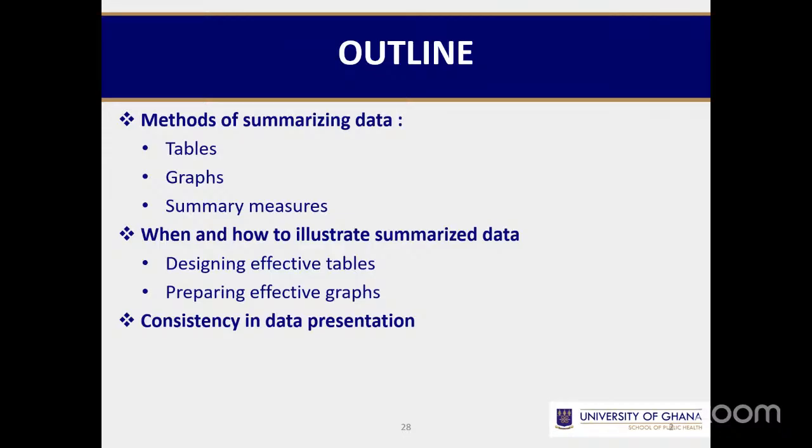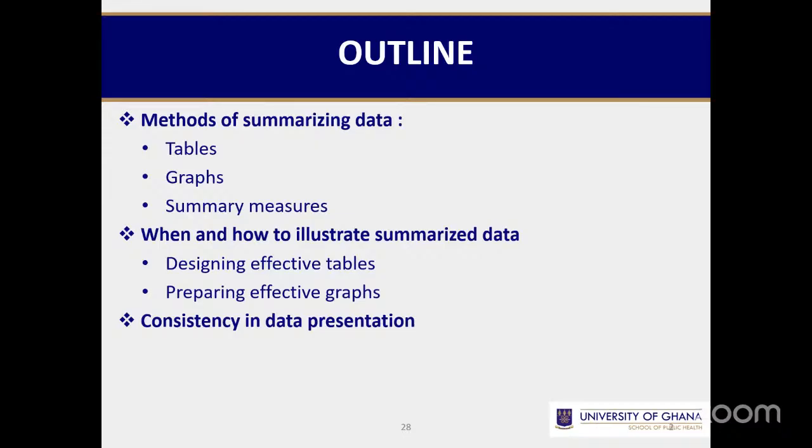Because with manuscripts, they just want the minimum number of tables possible. So every situation has got to do with what you need to present. It's for you, the researcher, who needs to determine which one is appropriate and best for that situation.